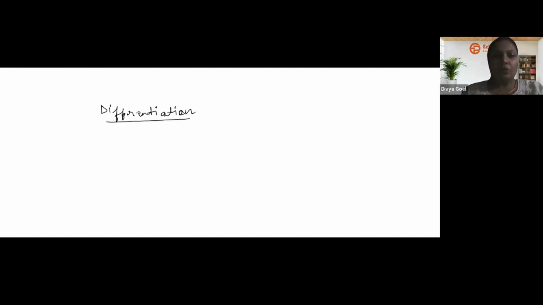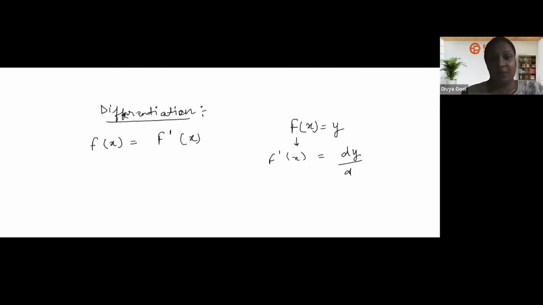Differentiation. So, like we are having a function f(x). Okay, so when we are differentiating it, it becomes f dash x. All right, or like we are having a function f(x), we are taking this function as y. Okay, so f dash x, like we have to differentiate, this becomes this, and this y becomes dy over dx. Like d means the differentiation.